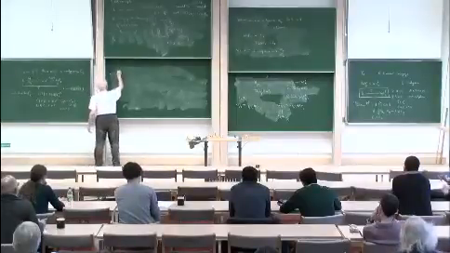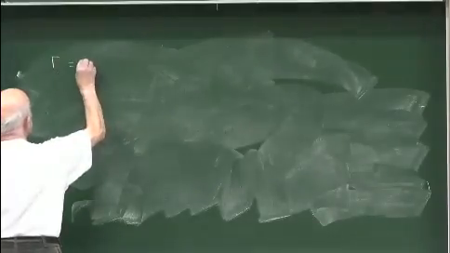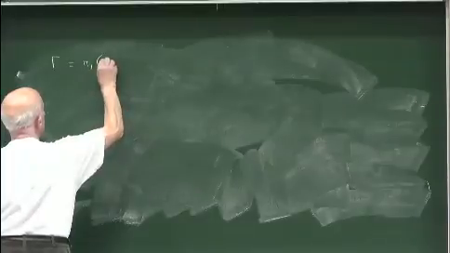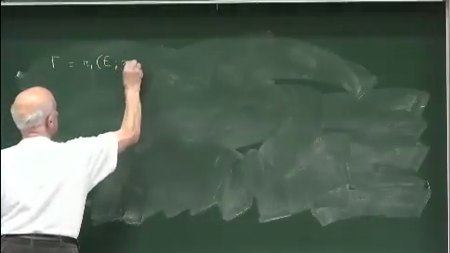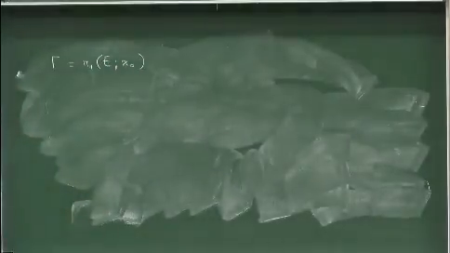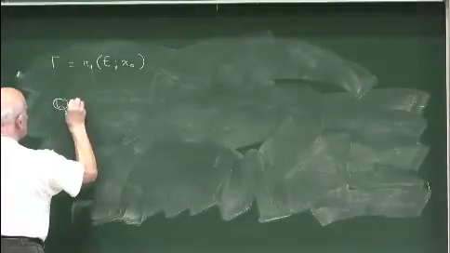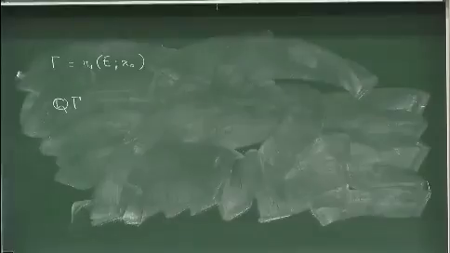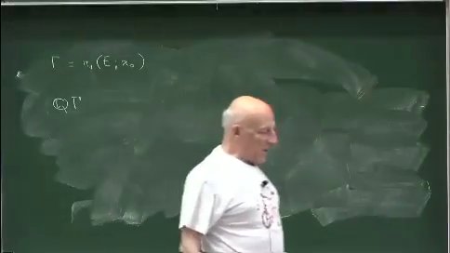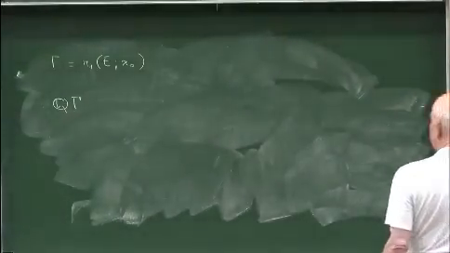So take gamma, which is this group, the fundamental group at the point x0. Now take the group algebra of gamma, finite linear combinations of elements of gamma with rational coefficients.